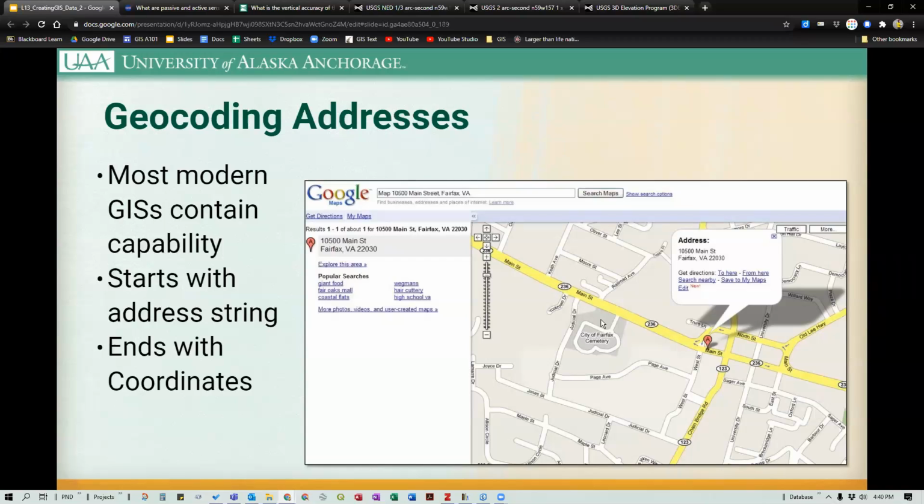Again, I'm not expecting you to go out and collect high accuracy data where it doesn't exist, but I do expect that you understand the accuracy of the data that you're working with and how it might play into what you're building. So geocoding is a pretty common problem when you're working with geospatial databases that pertain to a community.